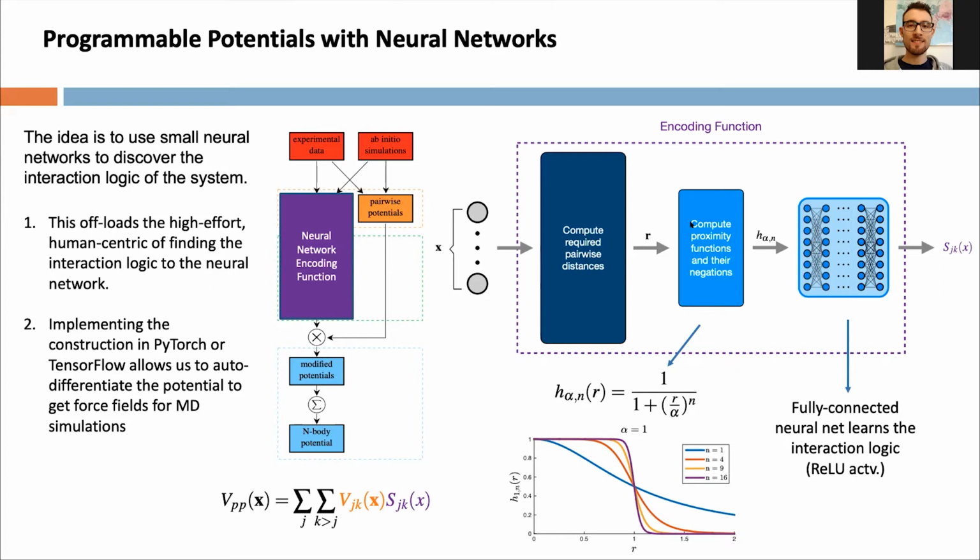These get fed into the computation of the proximity function, which then gets fed into this fully connected neural network, which is supposed to learn the, say, quantum level logic. And this is what these smoothed proximity functions look like. If n goes to infinity, we'll recover that Boolean logic on, say, 0 to alpha in this case.